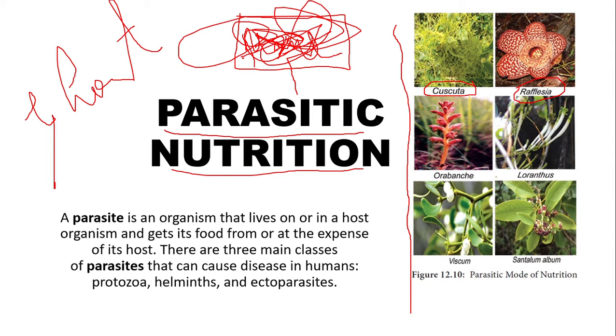They will take the nutrition, and finally if the plant doesn't have food, what happens? It dies. So when these parasitic plants attack, the host plant may even die. For these examples, don't get worried. Simply you can write weeds.